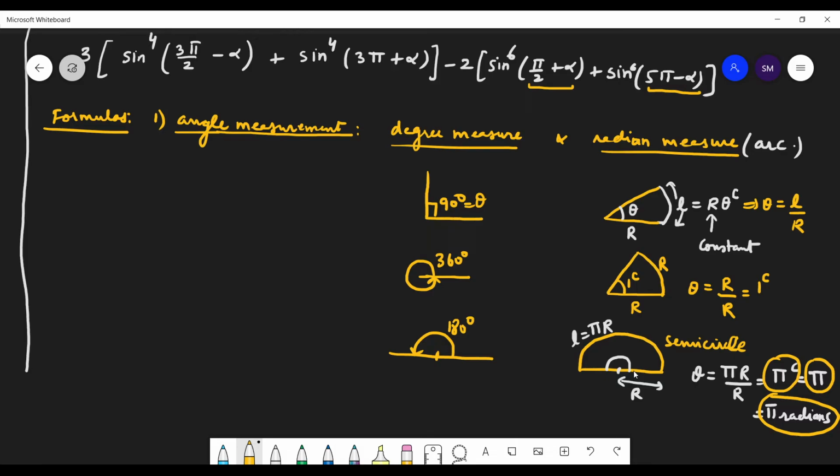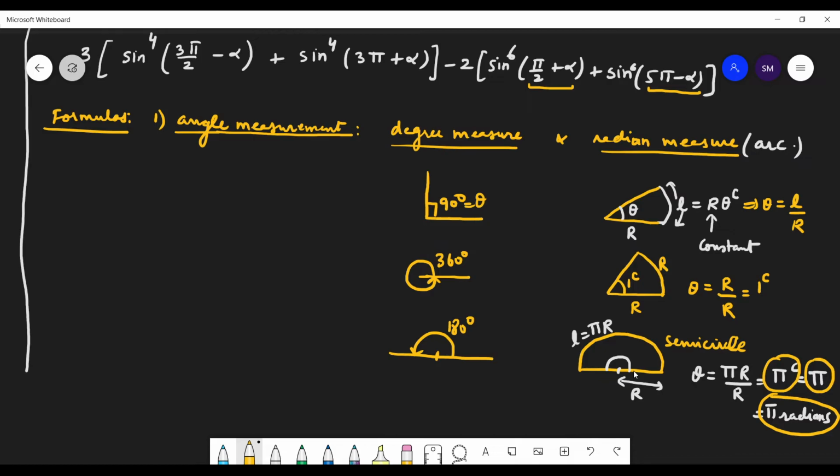ASTC you can remember as: after school to college, isn't it? You people have 2 years left. So after school to college. All trigonometric ratios are positive in the first quadrant.